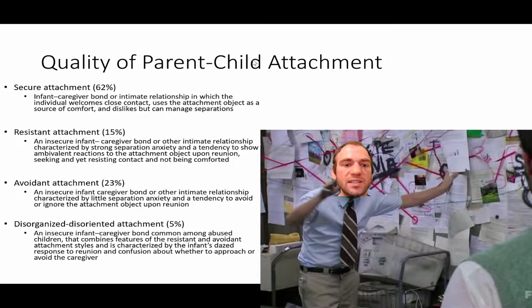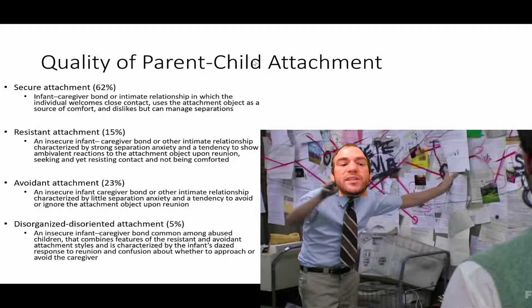Versus resistant, wherein upon reunion with the attached figure, they are typically extremely upset. They have separation anxiety. Avoidant is more straightforward. Upon reunion, they'll avoid the caregiver that they have an attachment to.